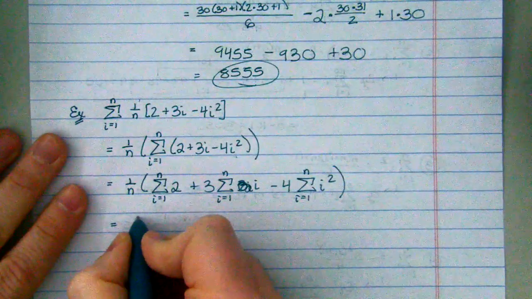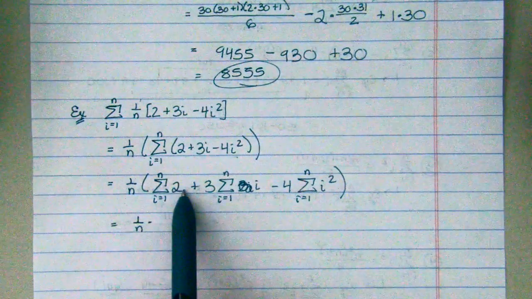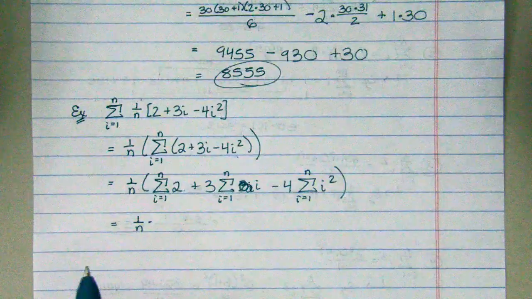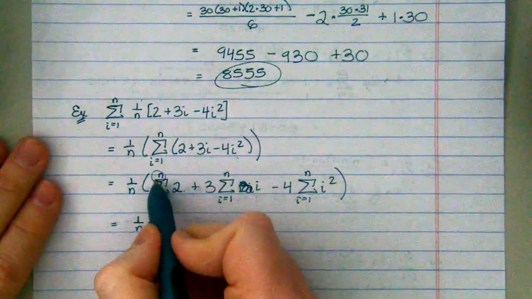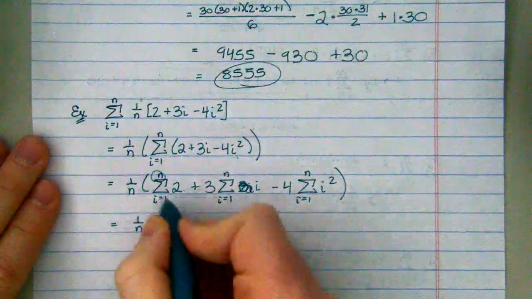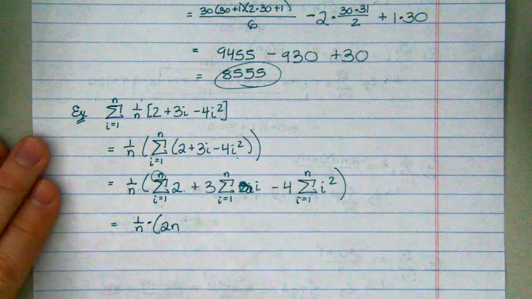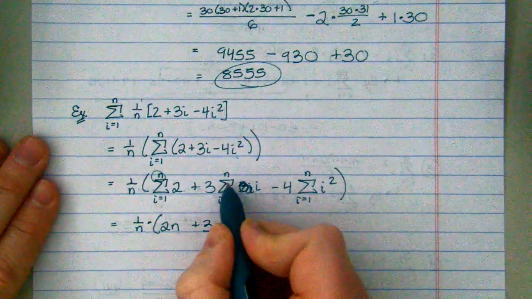Okay. Well, to evaluate these, plug in 1, plug in 2, plug in 3, up to n. If I go to my constant formula, it says it's 2 times the number of terms. Well, how many terms are there? There are n terms. This first thing is really just going to be 2n. As for the second one, what is 1 plus 2 plus 3 plus 4 up to n?